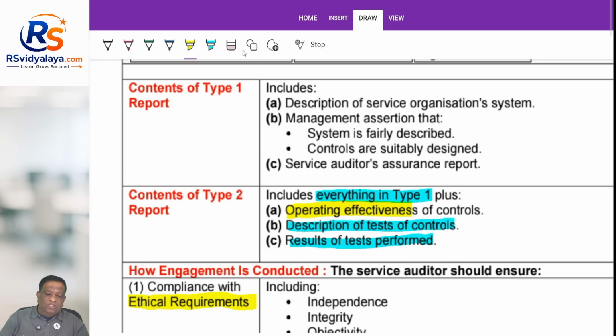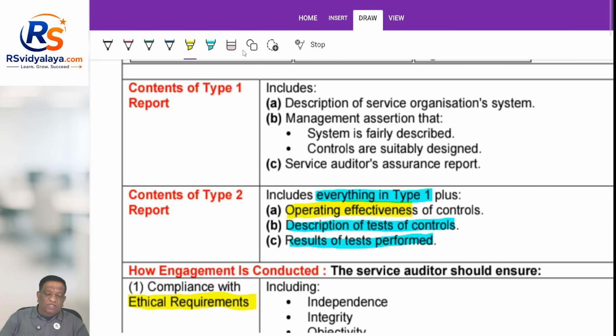Now, what is type 1? Type 1 talks about the description of services, that is what systems they have, and the management assertion that these systems, whatever they have embedded, are fairly described and the controls are suitably designed.